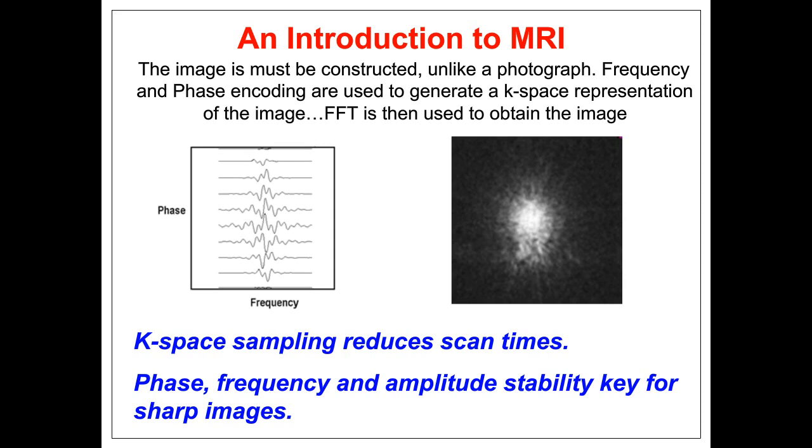That's 256 seconds, or over 4 minutes to obtain that single image. Notice we're doing phase and frequency, and we're also looking at the amplitude. So the system has to have very good phase, frequency, and amplitude stability at RF to make sure you keep the images quite sharp.